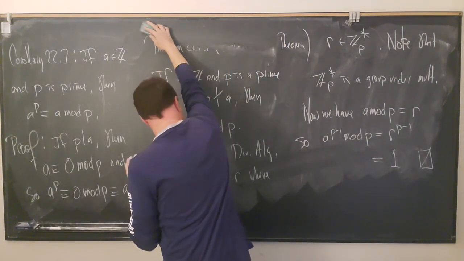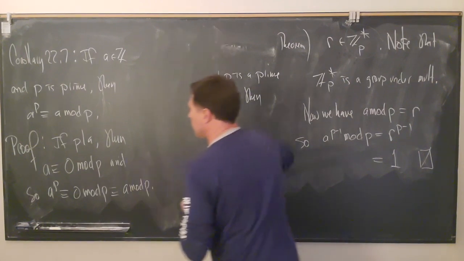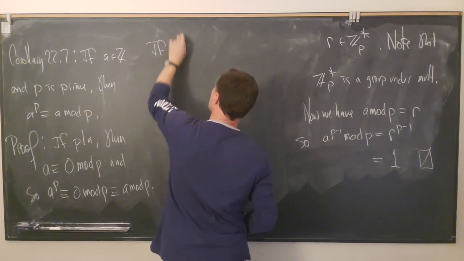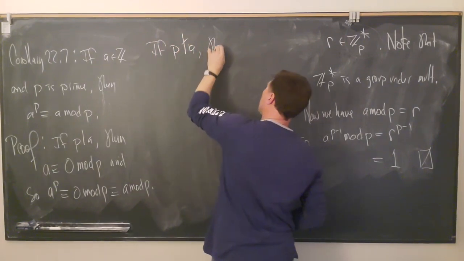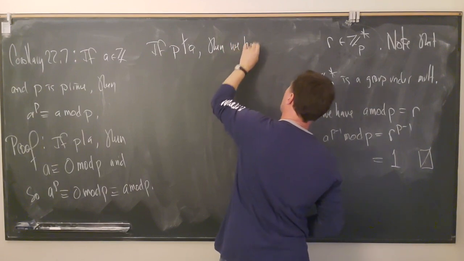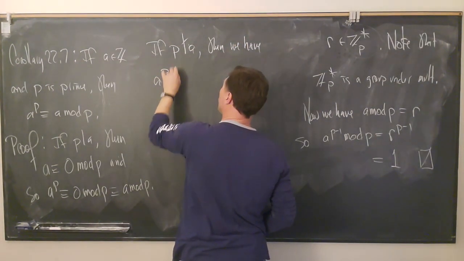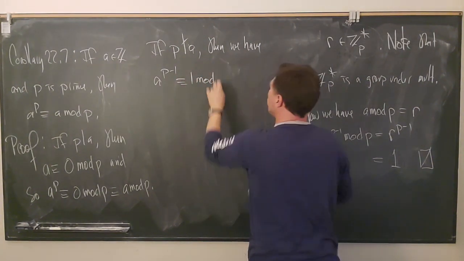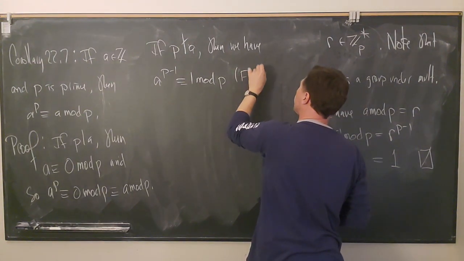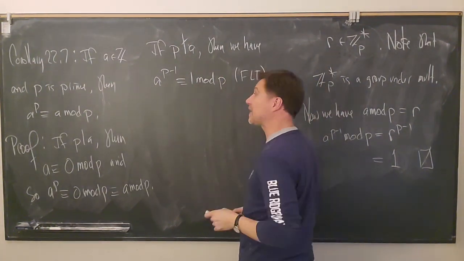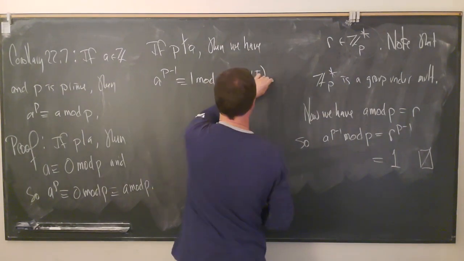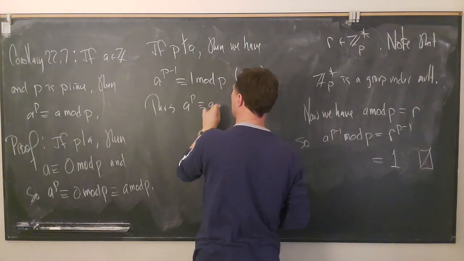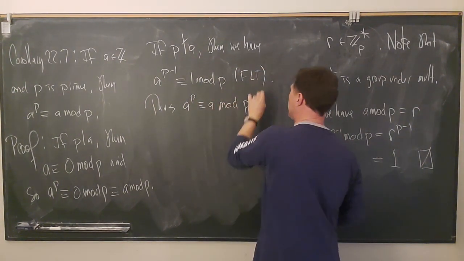Otherwise, if p does not divide a, then we have a to the p minus 1 is congruent to 1 mod p by our previous theorem, Fermat's little theorem. And then I can multiply both sides of this congruence by a. Thus, a to the p is congruent to a mod p.